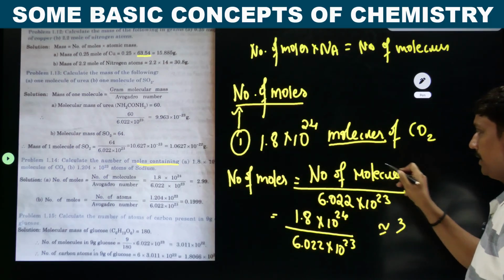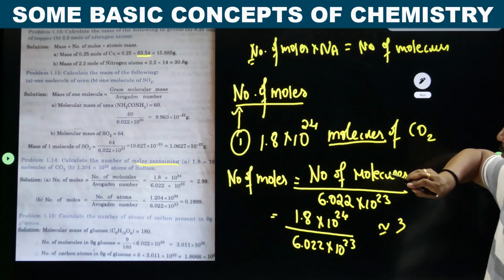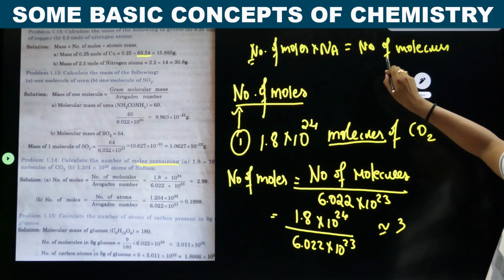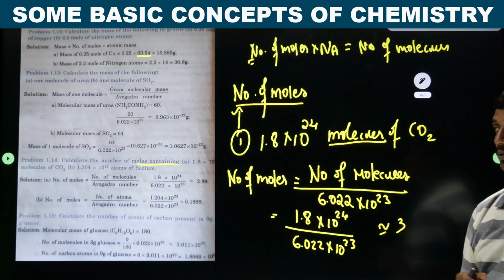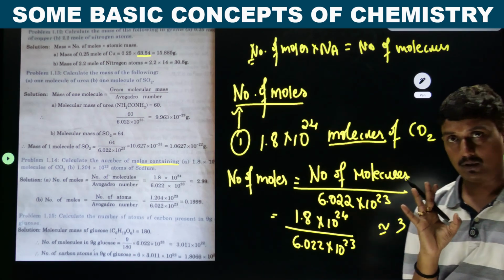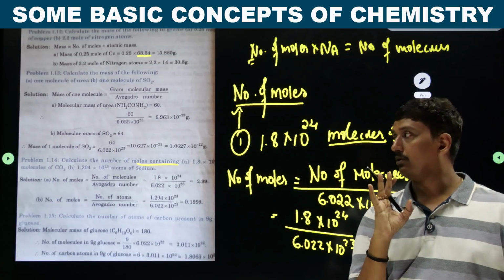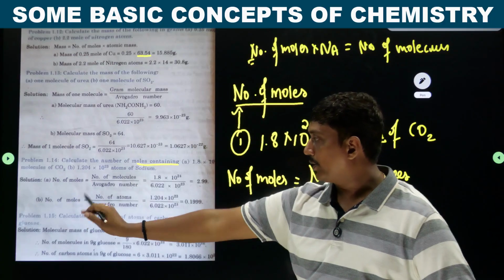We reframed the formula to calculate the number of molecules. If moles are given, you can convert to the number of molecules. If the number of molecules is given, it can be converted into moles. This is the third formula. You should learn it properly. Okay, finished. So let us take one more example.